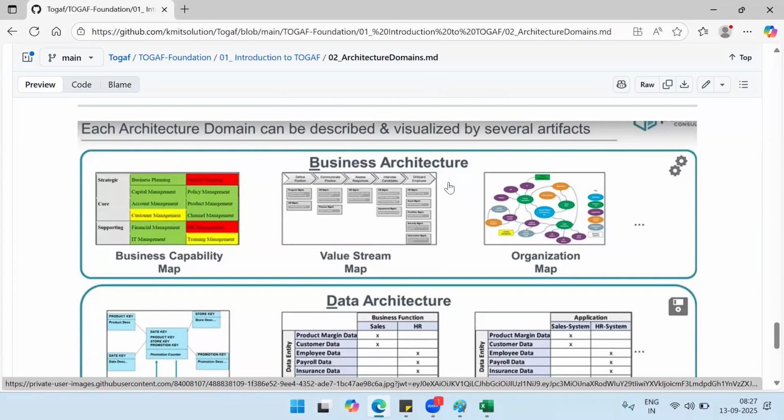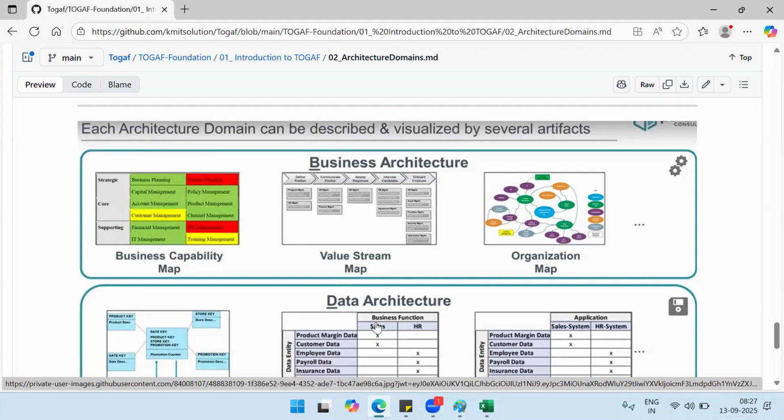So here you can see business architecture. In business architecture, I'm saying business capability map. These are the terminologies you use for defining this.